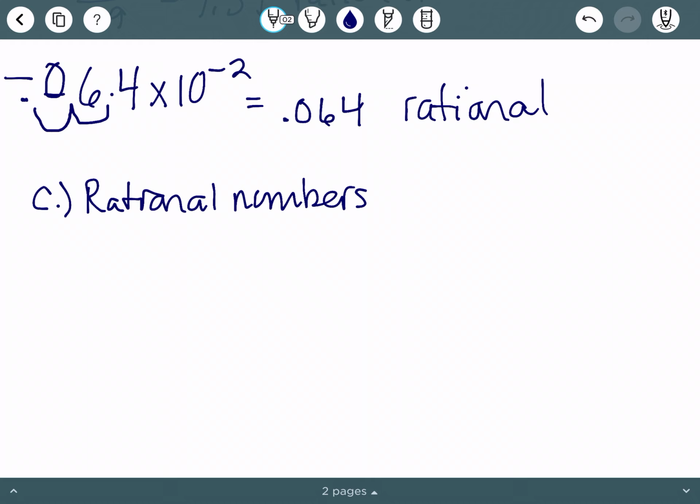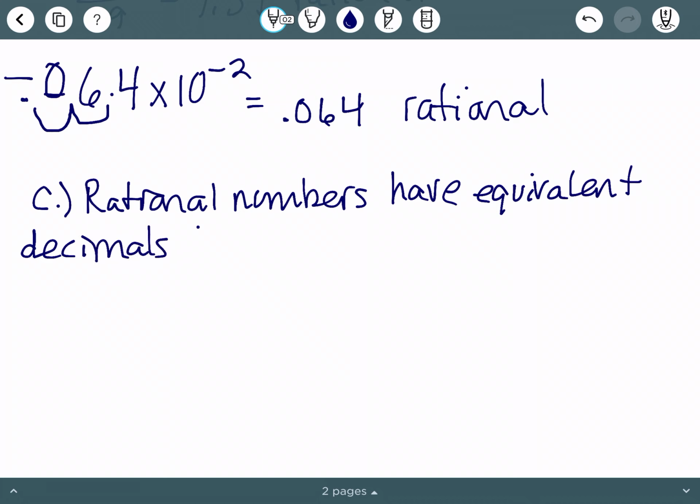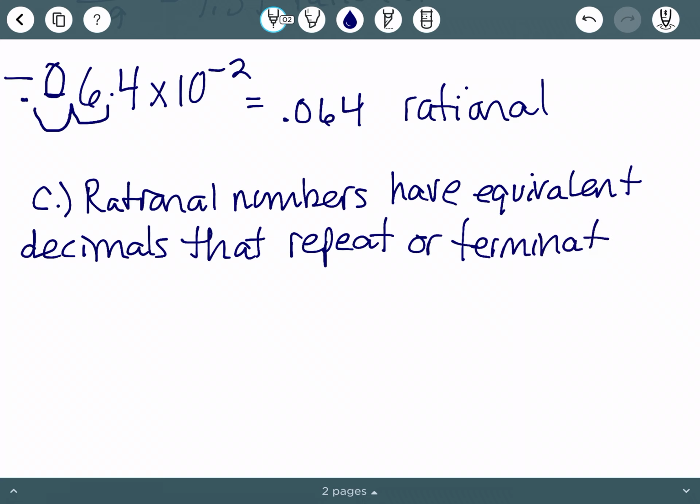So you want to make sure you write this down. Rational numbers have equivalent decimals that repeat or terminate. And remember, terminate means end.